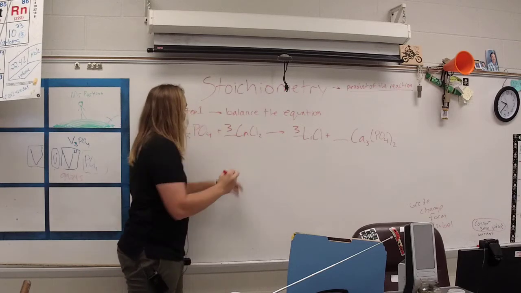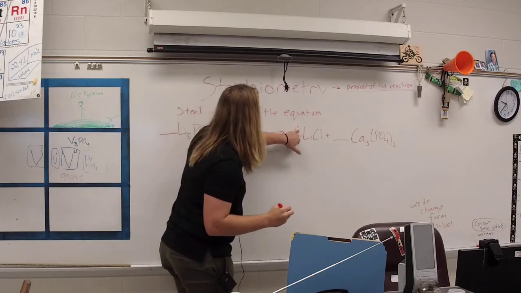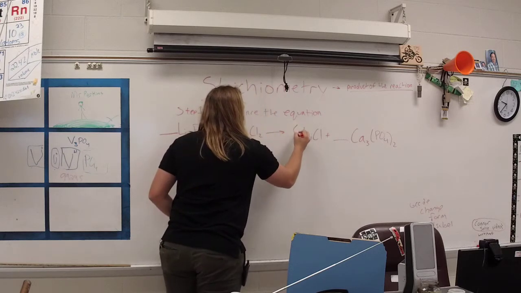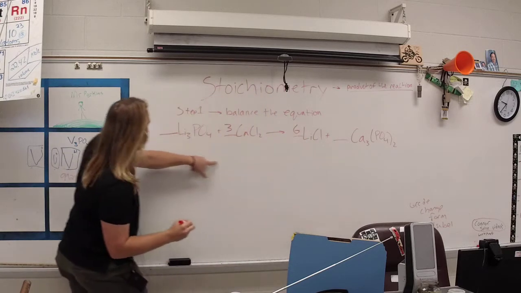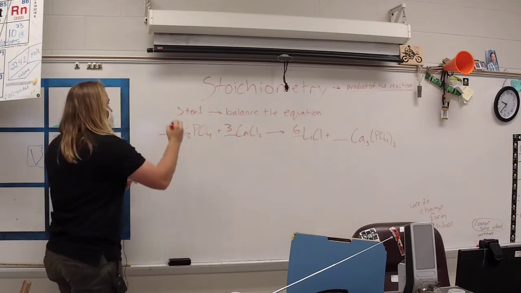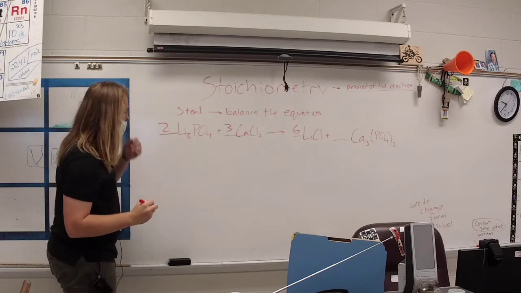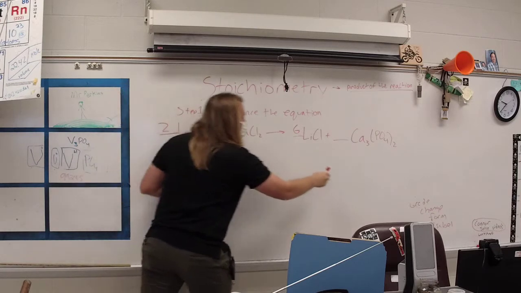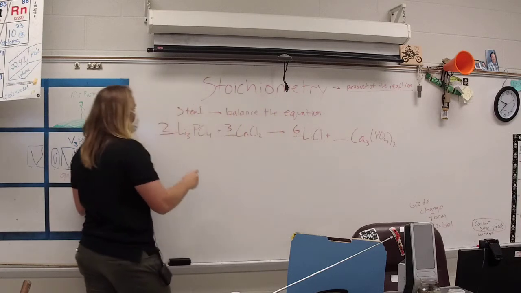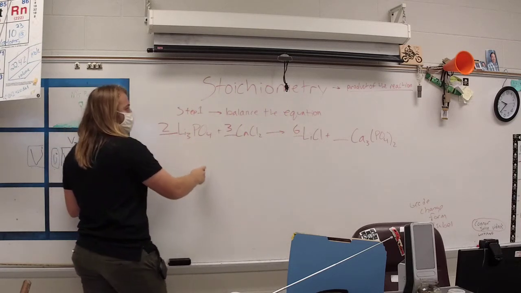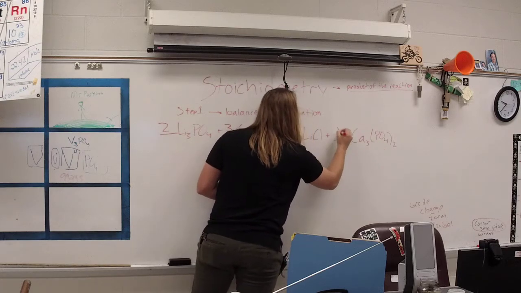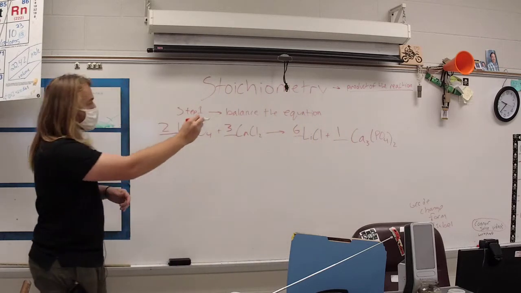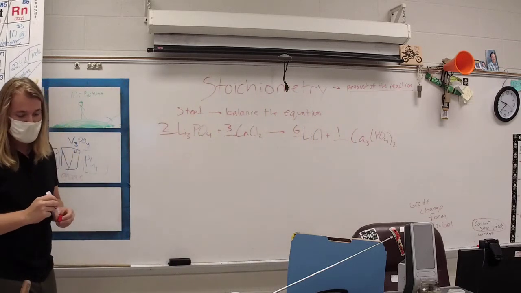So we're gonna have to put a 3 right here, and we're gonna have to change this to 6, which means we have to come all the way back over here, change that to 2. But hey, look at that. That just messed up our calcium, right? We have 3 calcium now. Oh, but that fits. And now we have 2 phosphates, but that fits. Cool. 2, 3, 6, 1. That's how we balance this equation.